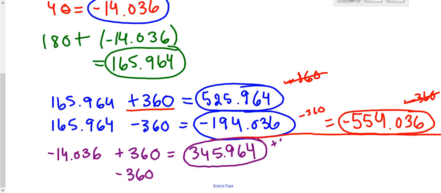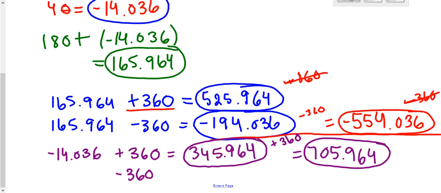And if we add 360 again, we would be in the 700s. Let's see if we would make it over 720, which does give us another answer. So here as well, we would get 705.964, which is just under our interval 720.